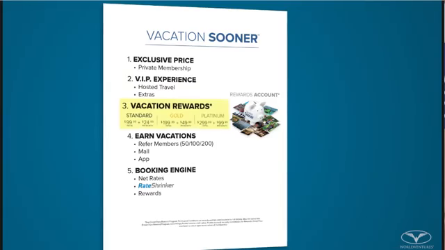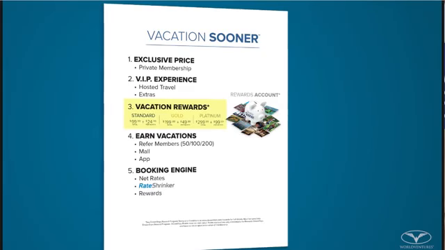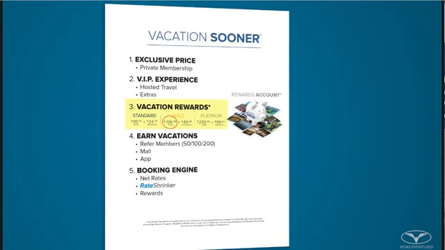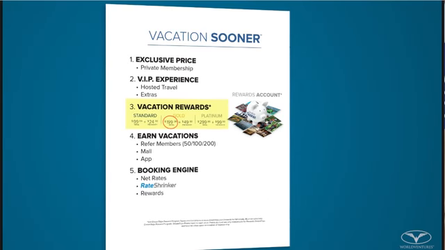Now, point number 3 is where it gets a little more compelling, because obviously to join the club, there's a fee. We have an upfront fee, we have a monthly fee, and so let's talk about how that works. If I talk about the gold membership, it costs $200, or $199.99, and that is a one-time cost. What's interesting is we turn that into a point system, and we move that over into what we call a rewards account.